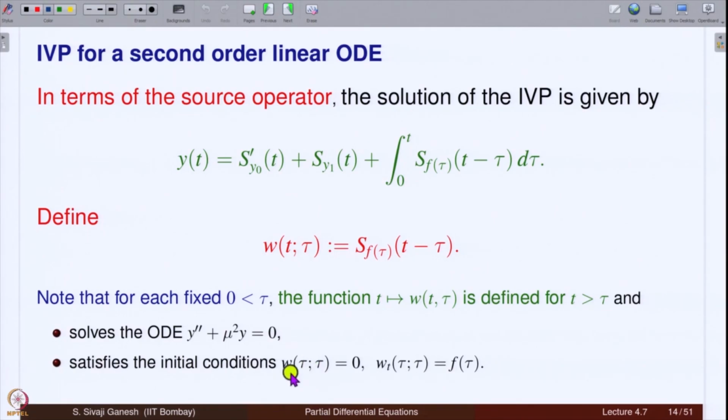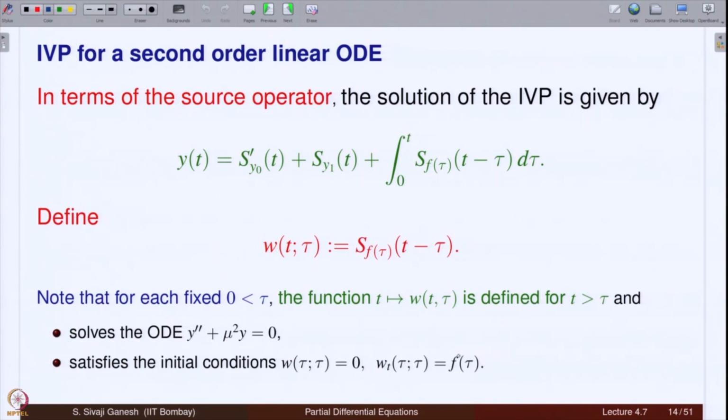When you put t equal to τ, w will be 0 and w_t(τ; τ) will be f(τ). Remember, that is how the source operator is defined. When t is equal to τ, it is S_f(τ) at 0, so that is 0, because S_f(τ) solves with 0 initial displacement, and this is the velocity, so d/dt of this quantity at 0 will be f(τ).